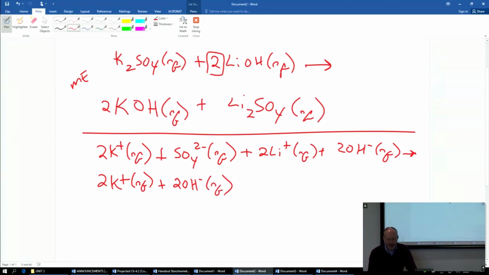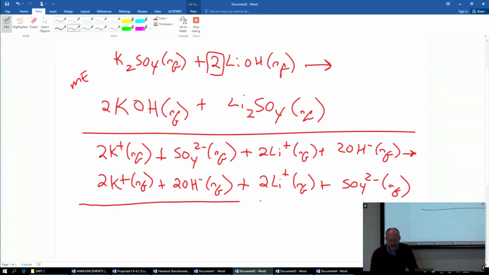And now I want to break up the lithium sulfate because it's also aqueous. The subscript of the lithium becomes its coefficient, 2Li plus aqueous. And then the sulfate, there's no subscript to worry about, so it's just plain SO4 2 minus aqueous. All right, and this is my complete ionic equation.